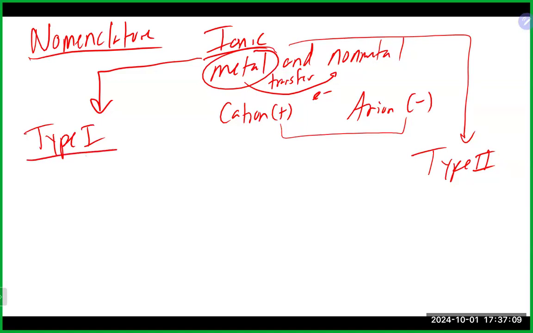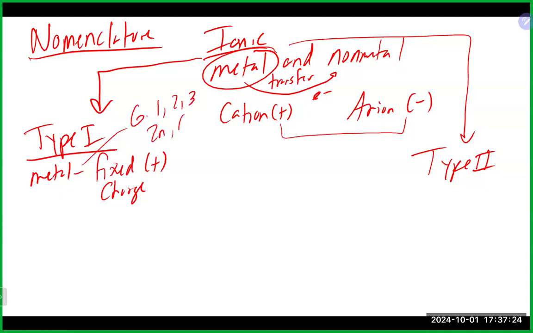And a type 1 metal is one where we have a fixed positive charge. And for the most part, that is going to be a metal that is from group 1, 2, 3, zinc, cadmium, or silver. So if you see any of these guys there, it is basically a type 1. And that's really all you need to identify once you're going to name the compound.